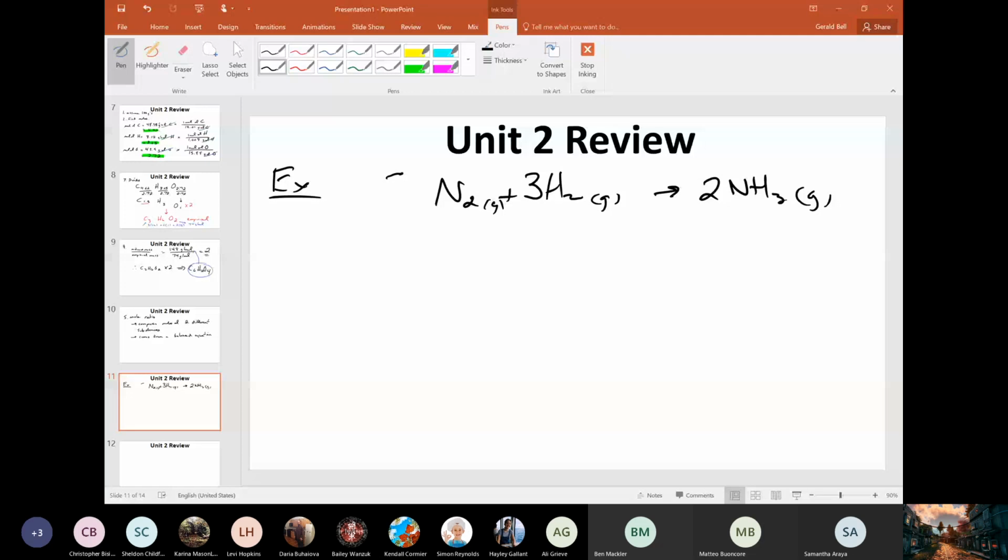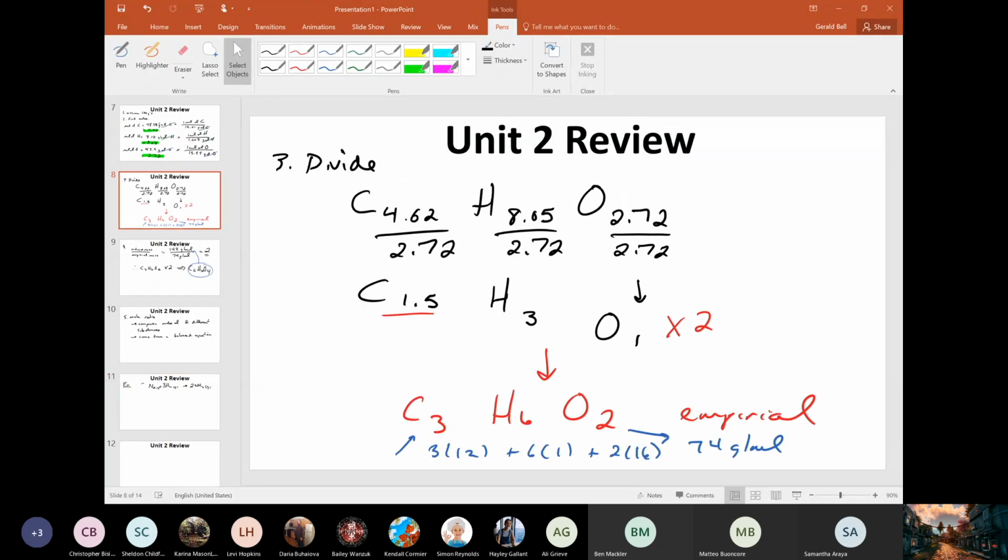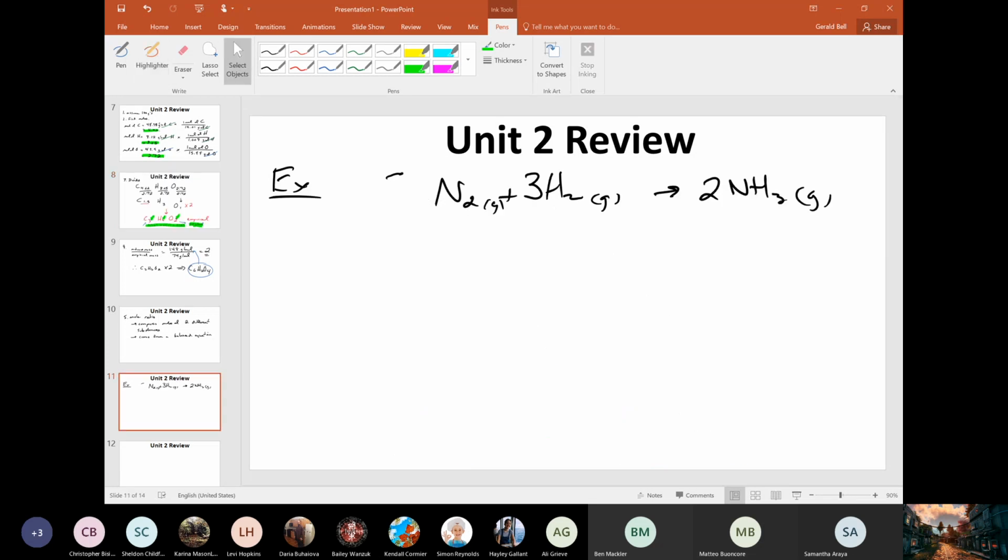Haley was asking about that 74 grams. I'll jump back for Haley's sake. This is where I got the 74 grams from. I figured out what 3 carbons, 6 hydrogens, and 2 oxygens weighed. It weighed 74. Bam.